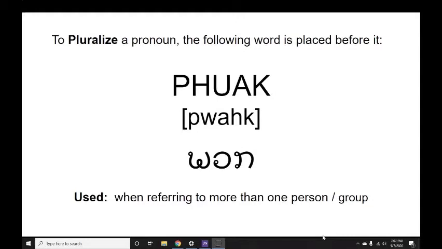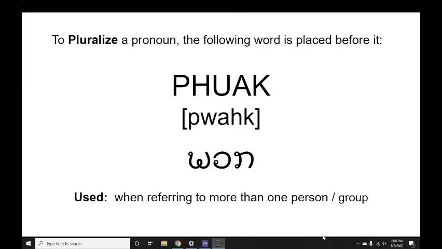But in Lao, to pluralize a pronoun, we're going to use the same ones that we learned in the singular format, but we're going to put this word in front of it, and this is going to make it plural. Puak. Okay? And it refers to when there's more than one person or when there's a group.